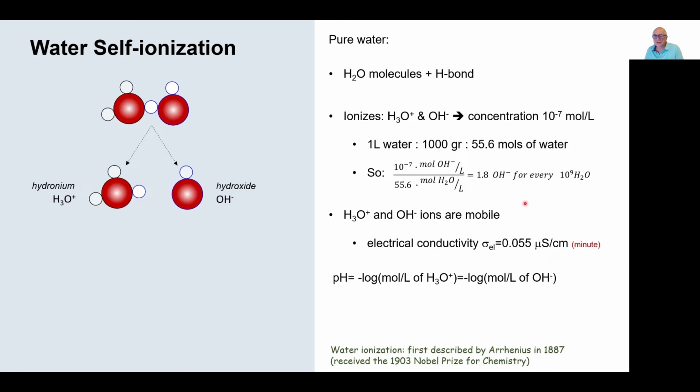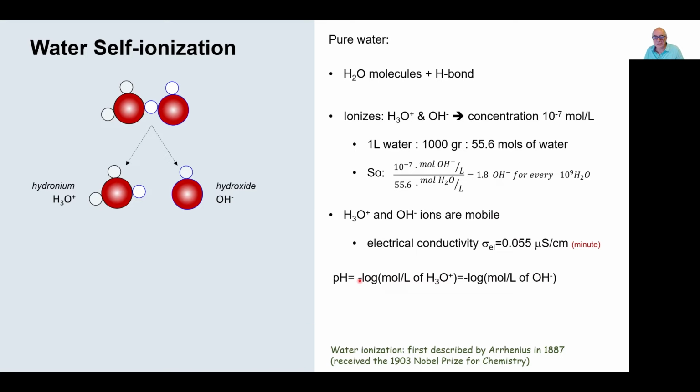The other important consequence of this is that, because OH and excess hydrogens are so important for all geology and for our lives, in fact, we are going to define a unique quantity. We don't call it concentration. We're going to call it pH. And pH is defined as the minus logarithm of the molar concentration per liter of hydronium or hydroxide.